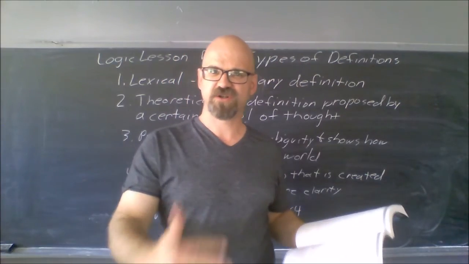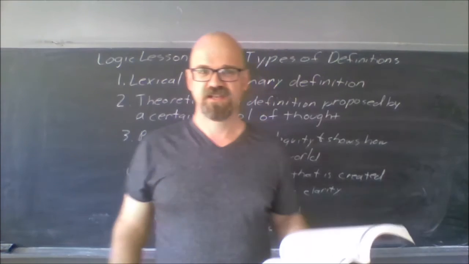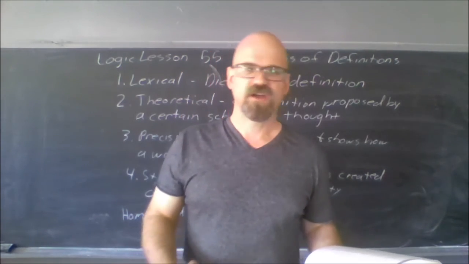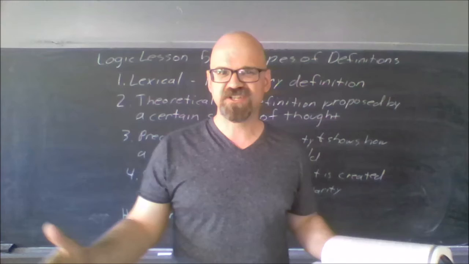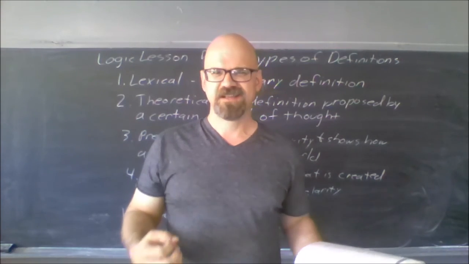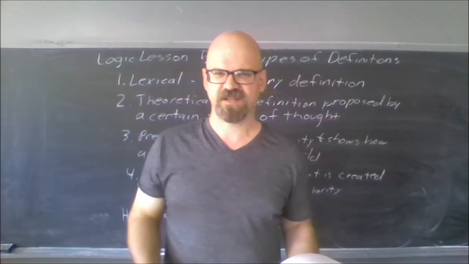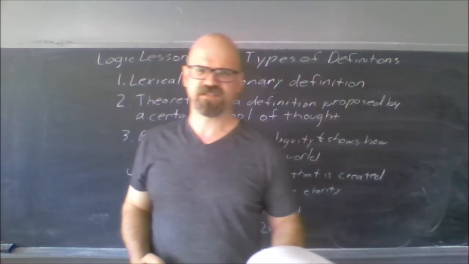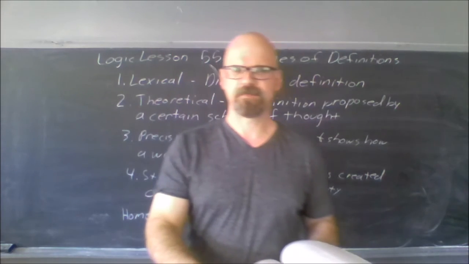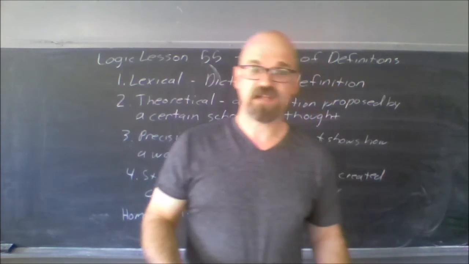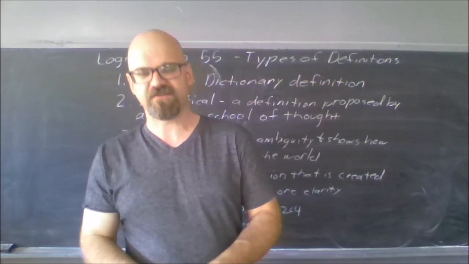So what kind of person would give that kind of definition? Maybe an economist, or an engineer, or some kind of entrepreneurial person that wants problem solvers in their organization. Right? Okay. So those are different kinds of theoretical definitions.